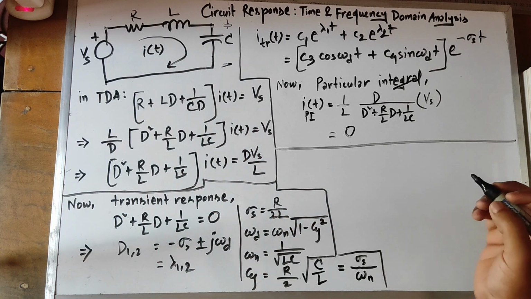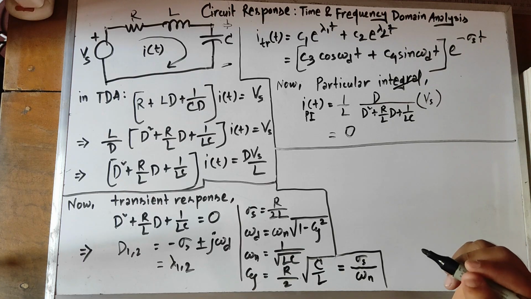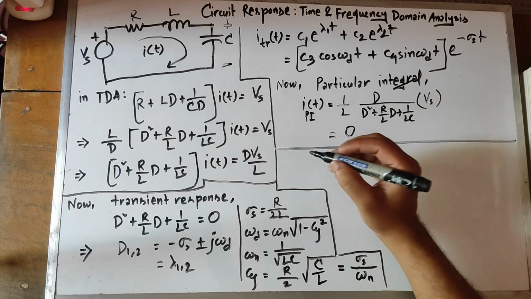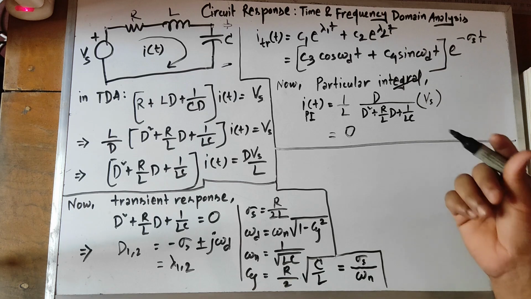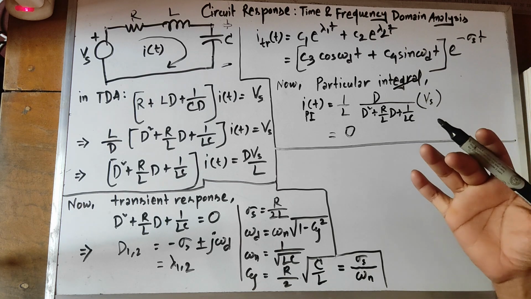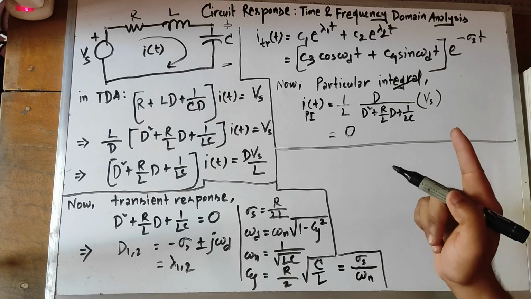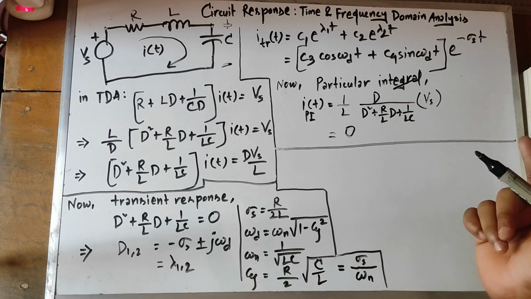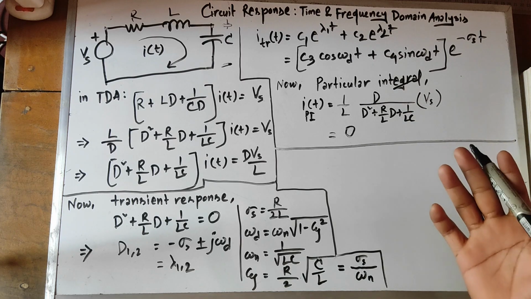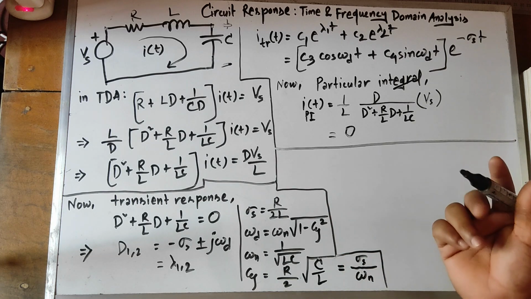To find the arbitrary constants, we have to assume there's initial voltage and current in the energy storage elements, the dynamic elements. In the circuit, the dynamic elements are the inductor and capacitor. The inductor stores energy in its magnetic field, so it may have initial current.